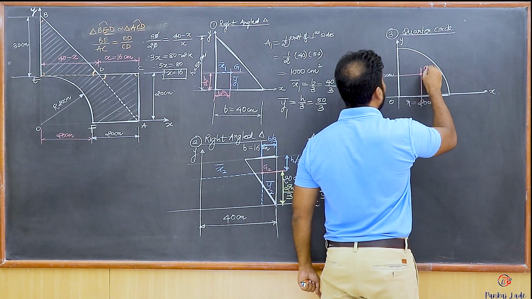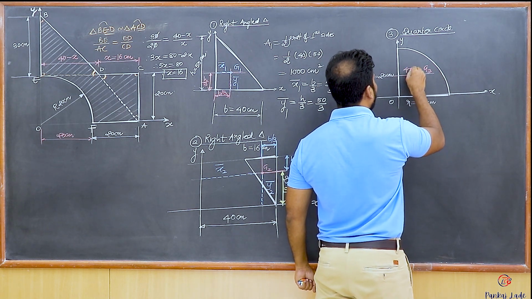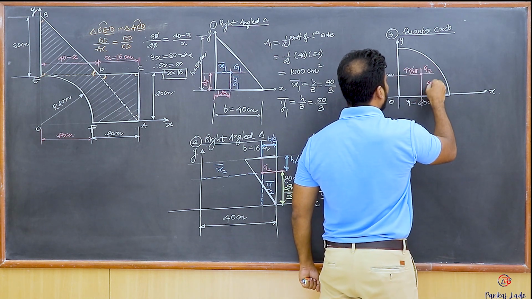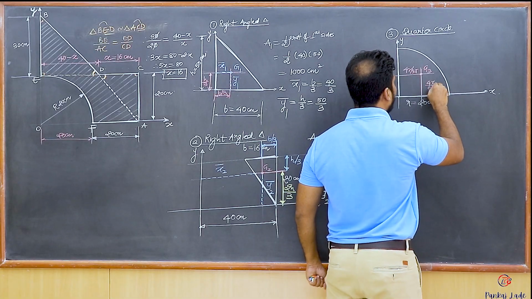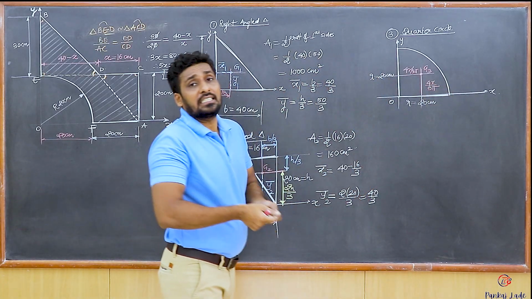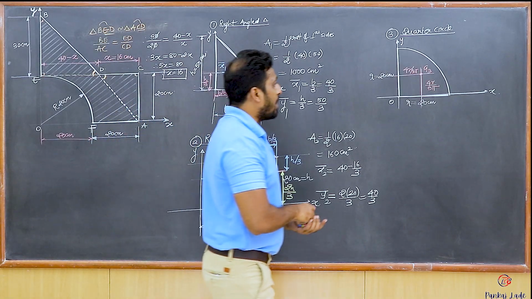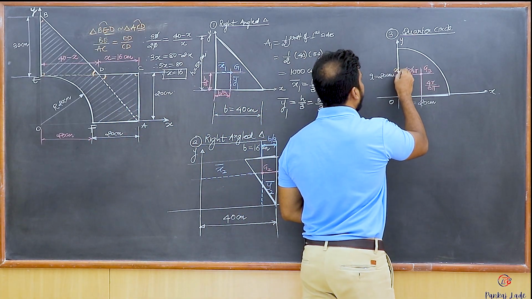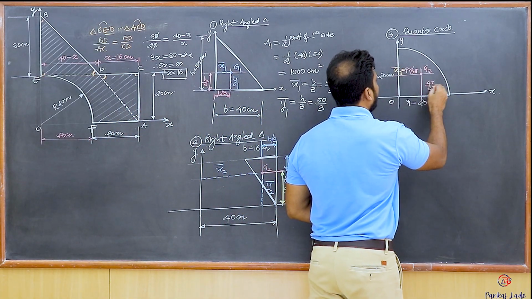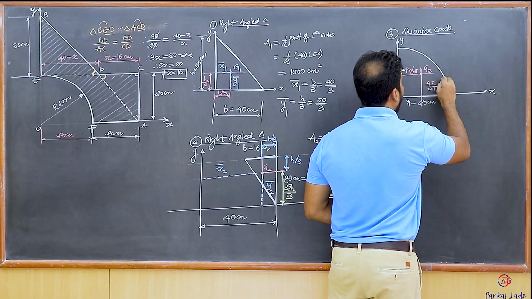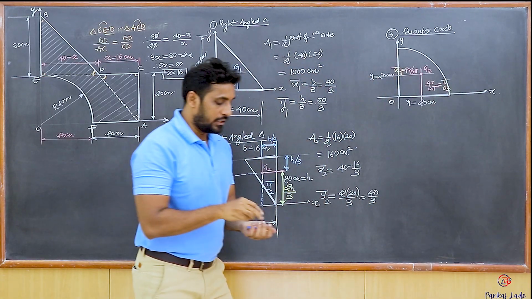This is g3. So this distance is 4r upon 3 pi, and the other distance is also 4r upon 3 pi. And these distances are actually the distances from the y and the x axis. That means this is x3 bar and this value is y3 bar, isn't it? And radius is 20.